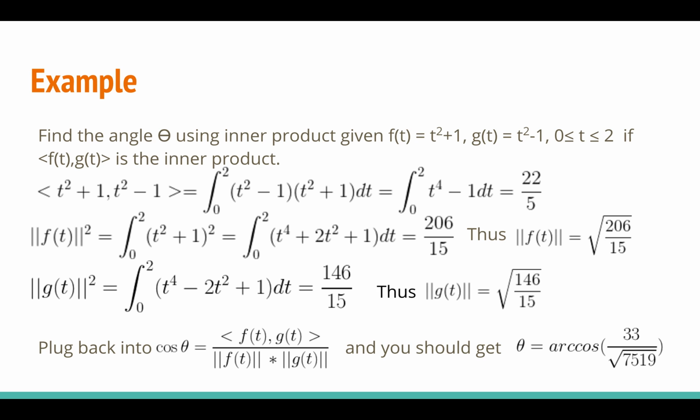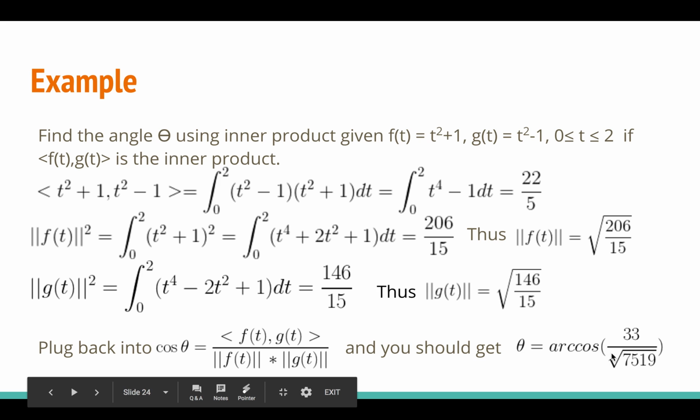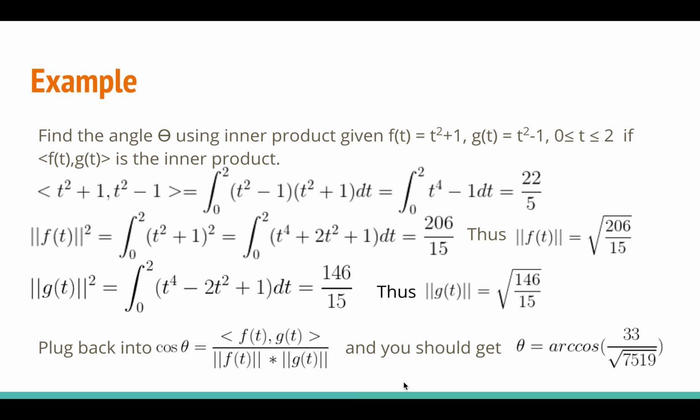For g of t, we do the same process, and in this case, we get the magnitude of g of t is equal to the square root of 146 over 15. And we plug it back into the original angle formula. So we basically plug in what we just solved, and then we should get this answer right here once you take the arc cosine, or the inverse cosine.